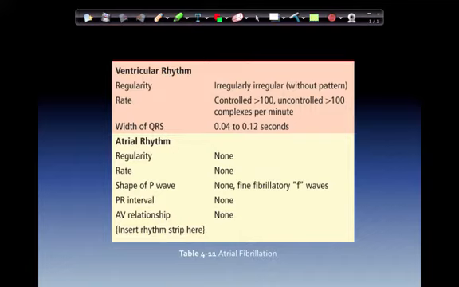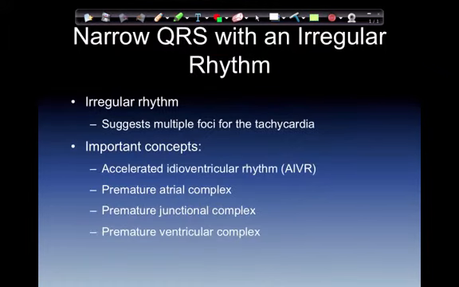It'll be irregularly irregular. There won't be a specific rate. That will be variable too, and that depends on which one of the F waves the AV node picks up. The shape of the P wave: none, just fine fibrillatory waves. The PR interval, none, and AV relationship, none. Narrow QRS with an irregular rhythm.